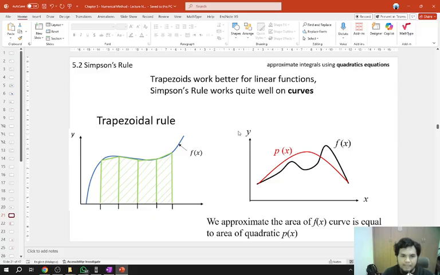In this diagram, you can see that the area of the black curve is approximately equal to the area under this red quadratic curve, px. So we have approximated the black curve, fx, with one shape of quadratic function here, px. Alright? Okay, so that's the idea.